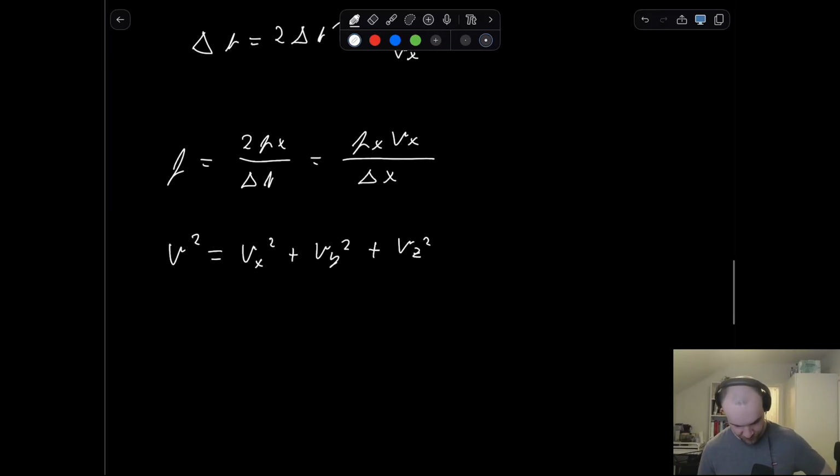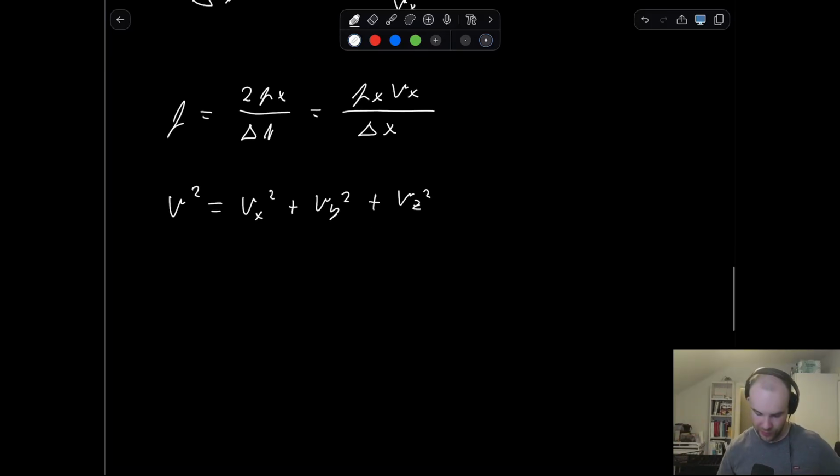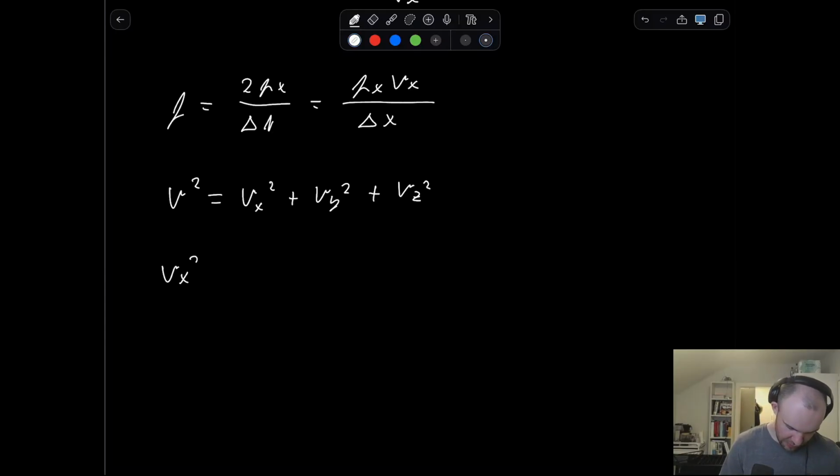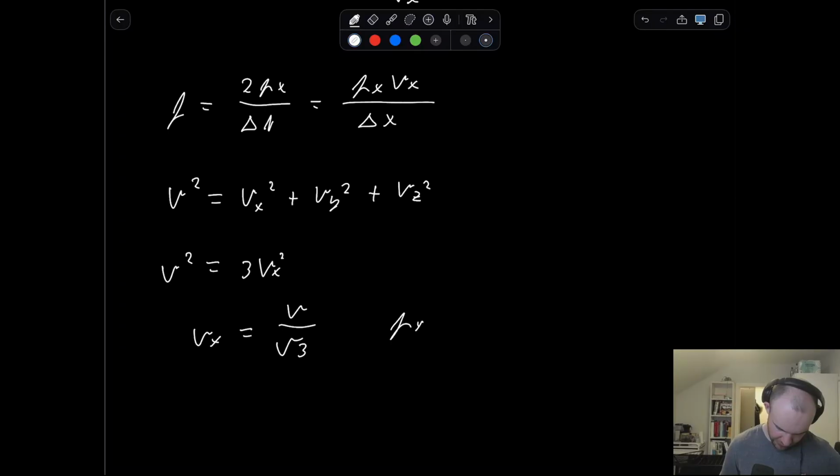Nice. But since the particle doesn't favor any direction, v squared is the same as 3 vx squared, like that, meaning that vx is the same as v divided by the square root of 3. And since we have no relativistic effects, momentum and velocity relate pretty neatly, and we just have this relationship here as well.